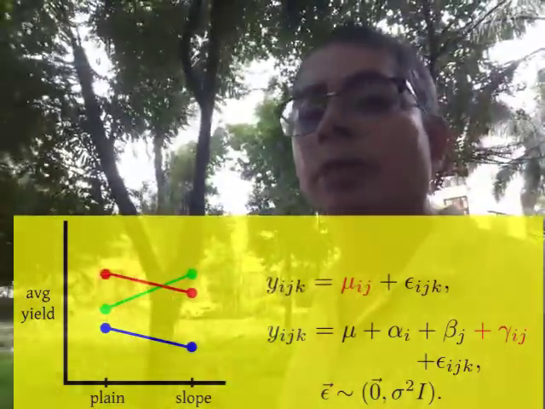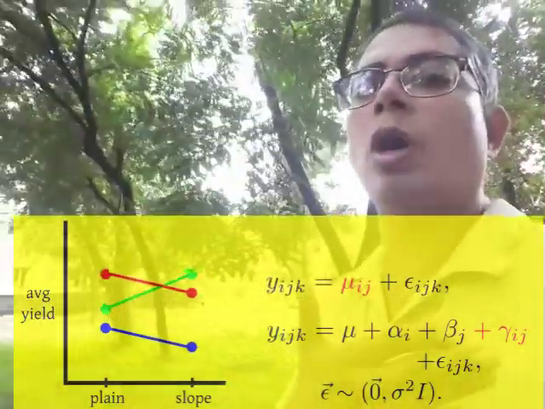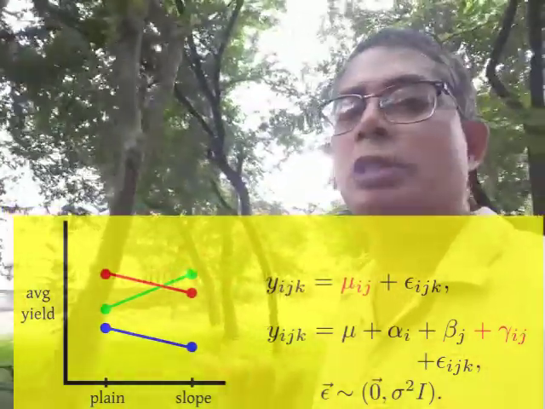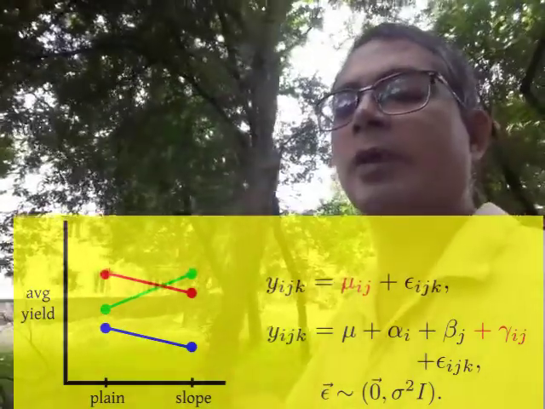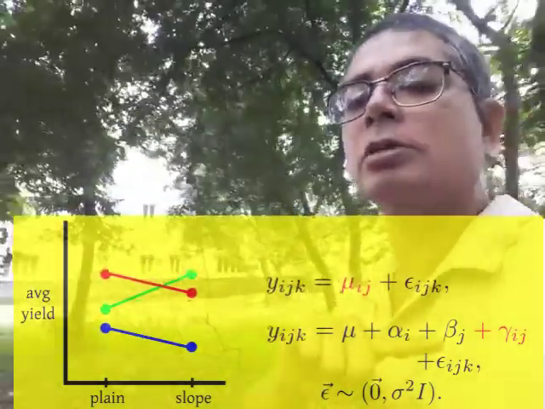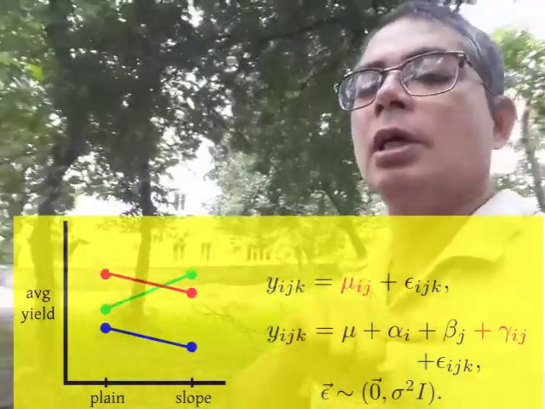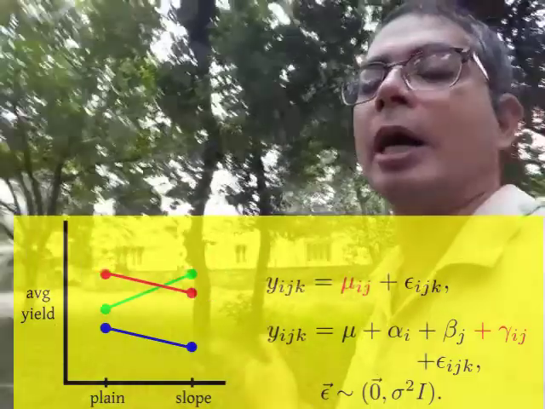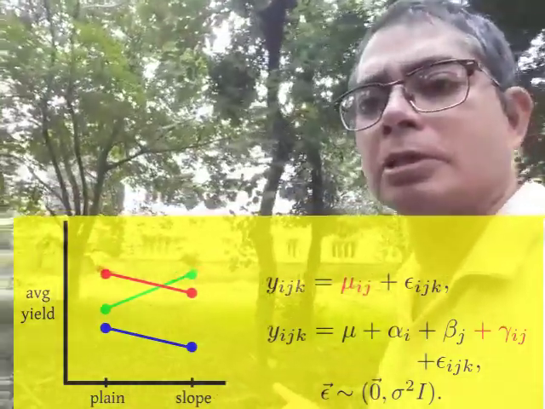So mu 1,1 means this, but gamma 1,1 is somewhat difficult to interpret. How do I interpret it? If you take out the mean effect, then take out the effect of the variety, and take out the effect of the tilt, then whatever remains is called gamma ij. That is not a very easy interpretation.